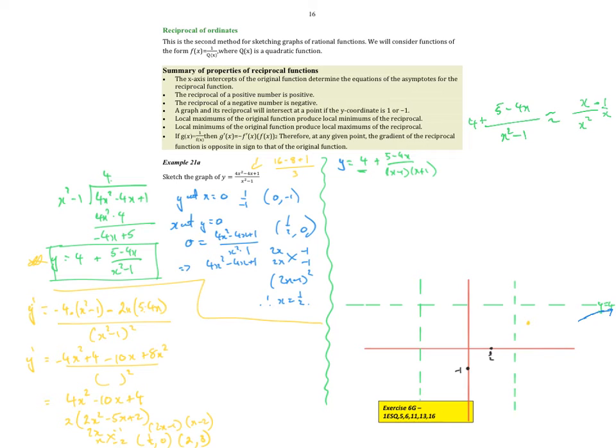All right? And if x is a really big negative number, it's going to be 4 plus a little bit. So it's going to approach that. And in fact, we know that this is an asymptote on this side. So it's going to behave a little bit like that, I would imagine, through there.